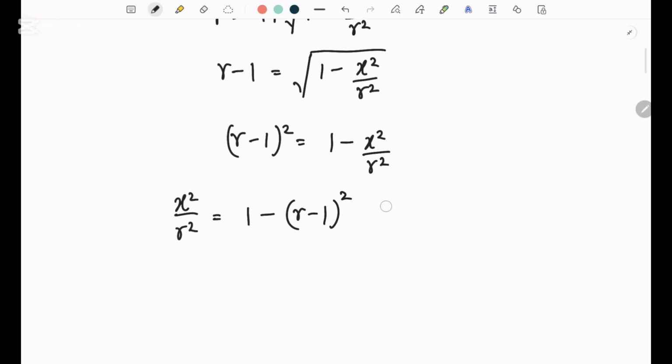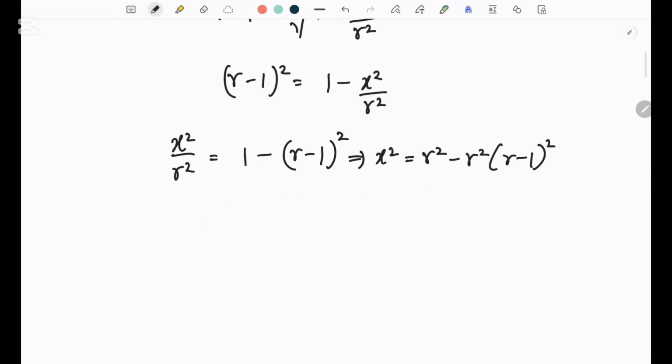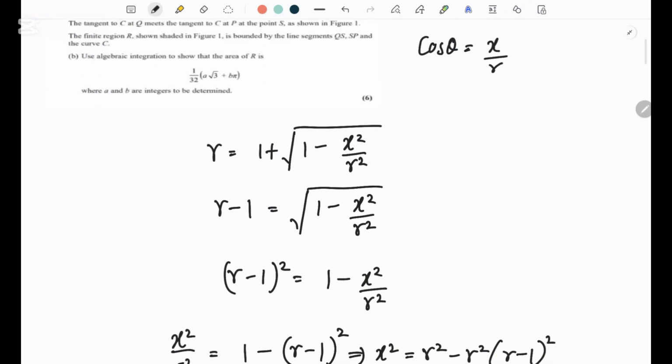Then x squared equals r squared minus r squared into (r minus 1) squared. Now we found an equation in terms of x and r. Using this, we can find the coordinate for P.